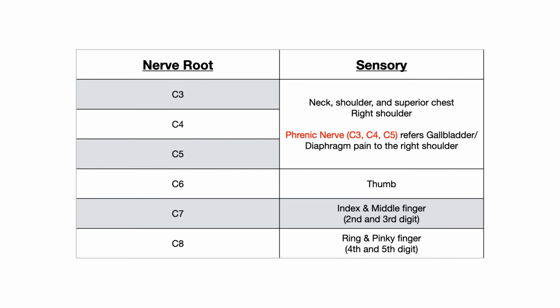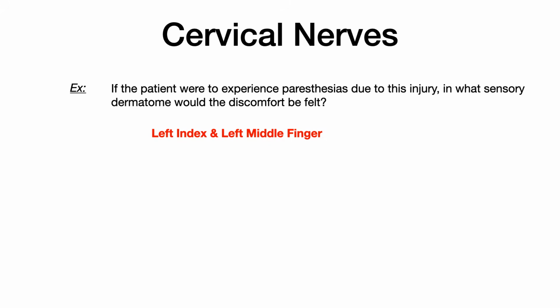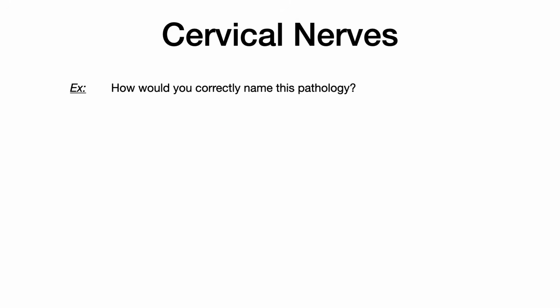We know it's the C7 cervical nerve root, and according to this table, and what I told you is particularly high yield, it's going to be the index and the middle finger, the second and third digit, because that's the sensory dermatome that maps out C7. Left index finger and left middle finger, because again, it's the left herniation, so it's just going to be on the left side.